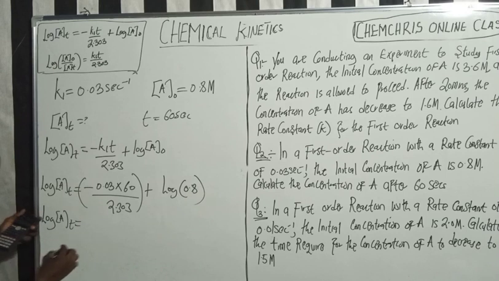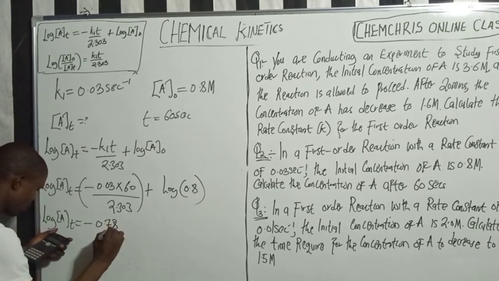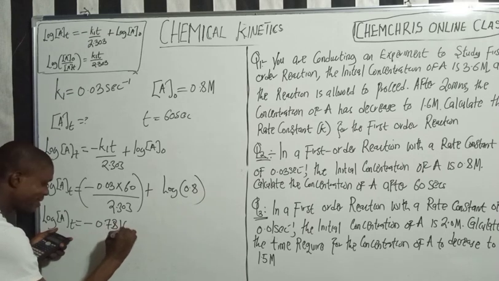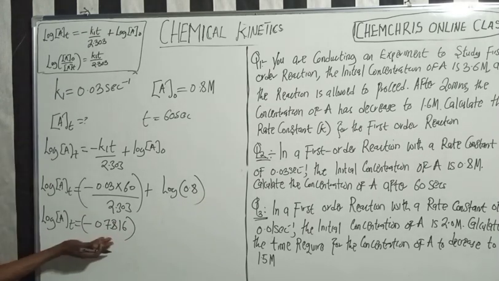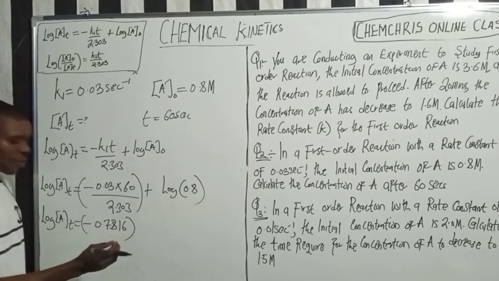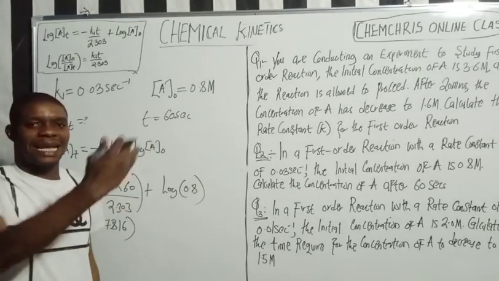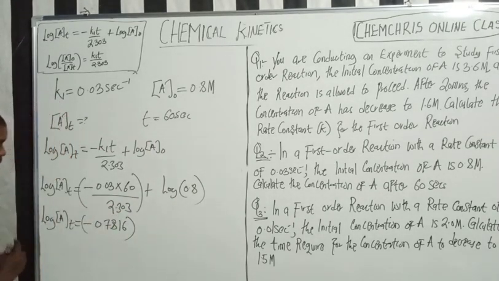Here I have minus 0.7816, which is already four decimal places. For accuracy's sake, you can leave four decimal places and above. Do you get that?